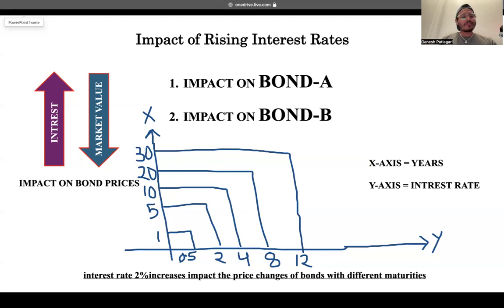Its cash flows are less affected by interest rate fluctuations because they are closer to the present. So let's see how a 2% interest rate increase impacts the price changes of bonds with different maturities. We can see the x-axis and y-axis. The x-axis indicates the years and the y-axis indicates the interest rates.